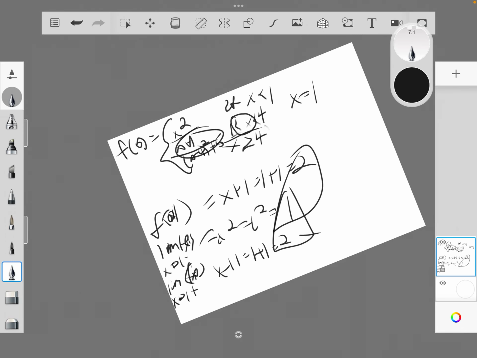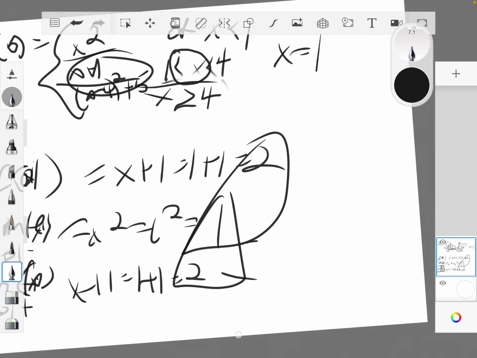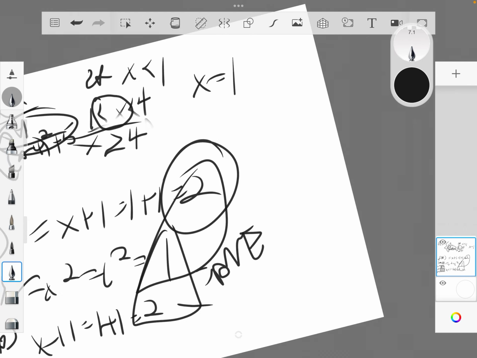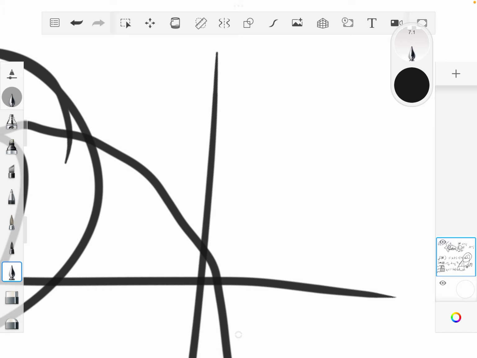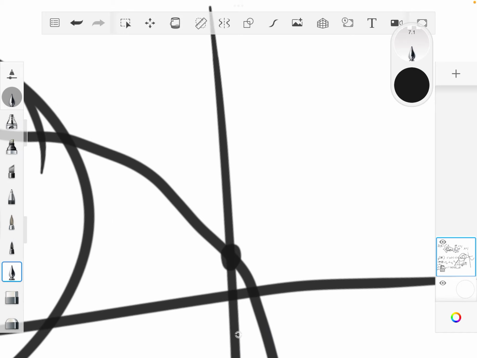So what kind of discontinuity is this? If the limit doesn't exist while the function value exists, then this is a jump discontinuity. Remember, the limit tells you what happens as x approaches a point, let's say 0. Here you can see they're connected.